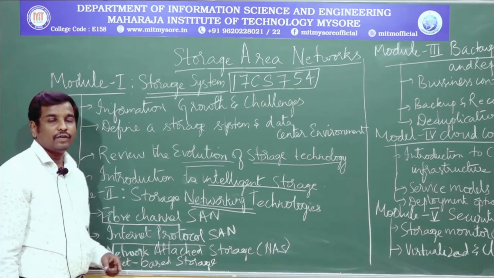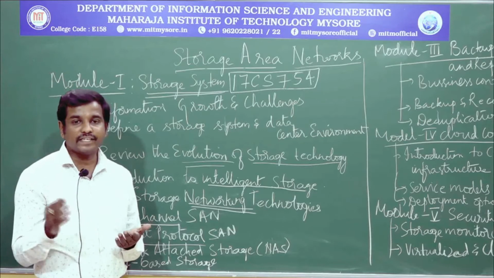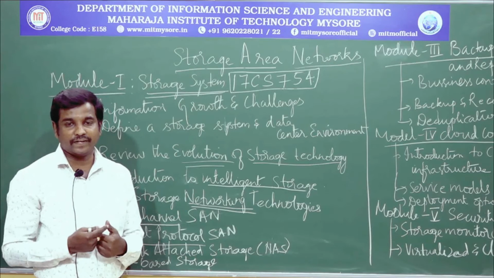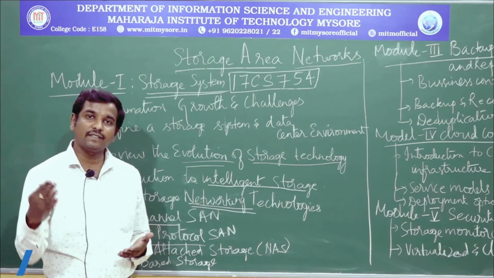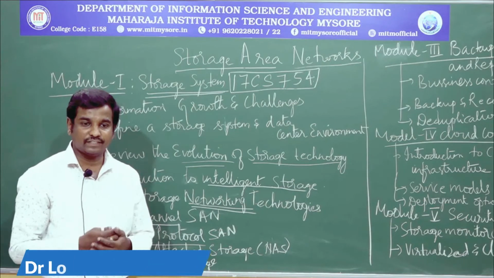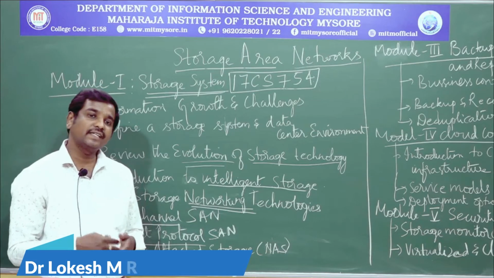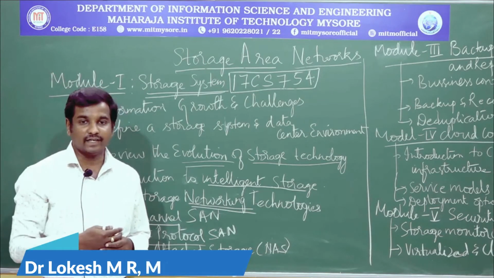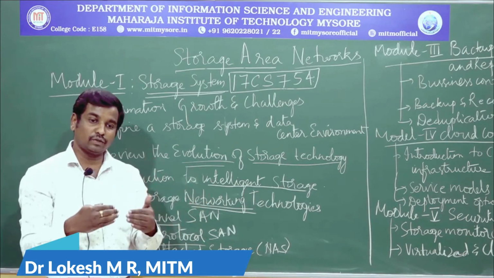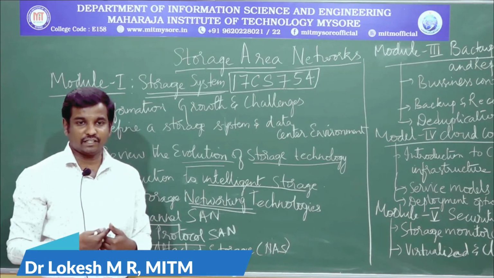Along with that, many intermediate hardware components are incorporated for transmitting the storage information. Assume that we need a large amount of data to be extracted. It cannot be extracted directly from the data center, so the data has to be put in nearby data centers, and from the nearby data centers we extract the information.